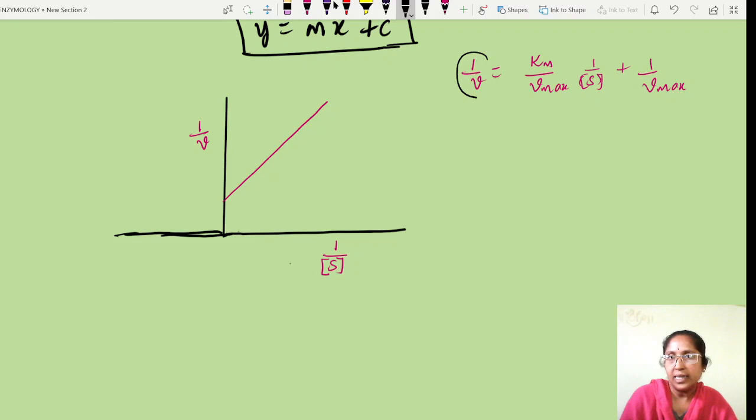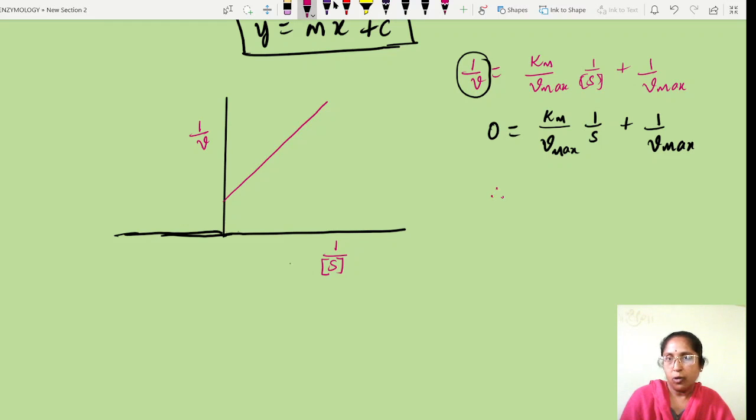Here y is equal to 1 over v. If this becomes 0, then Km by Vmax into 1 over s over 1 over Vmax will be equal to 0.